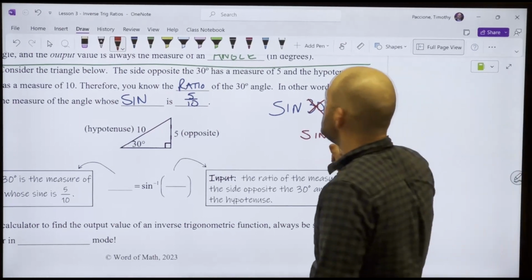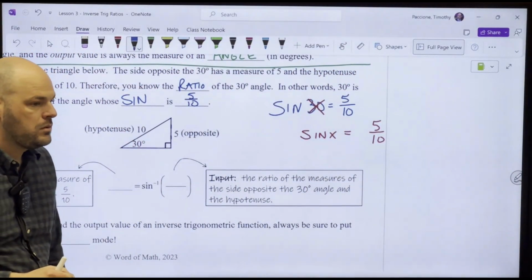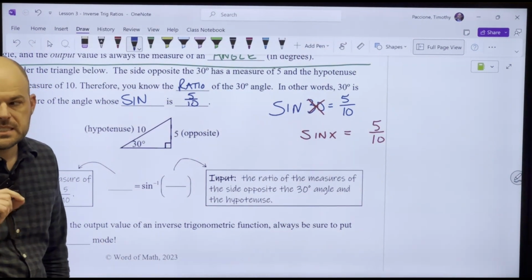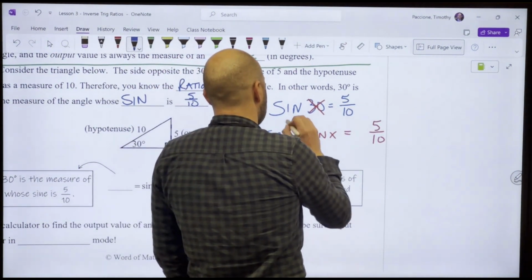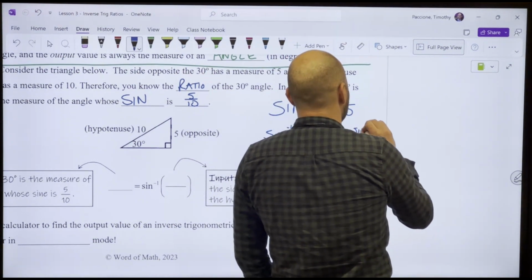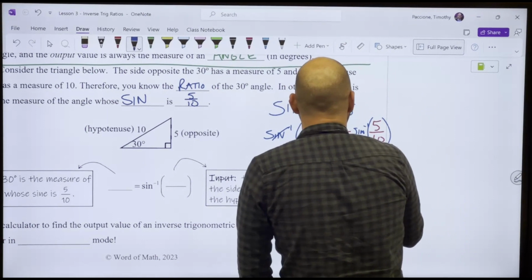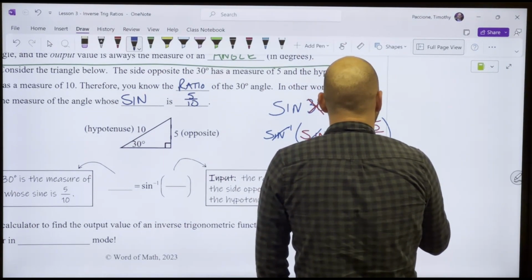So how do I get just, I don't want sine of x, I want x. What do I do? Multiply? No multiplying. Sine to the negative 1 on both sides. On this side, cancel, cancel, I get x. On this side, sine to the negative 1 of 5 over 10.